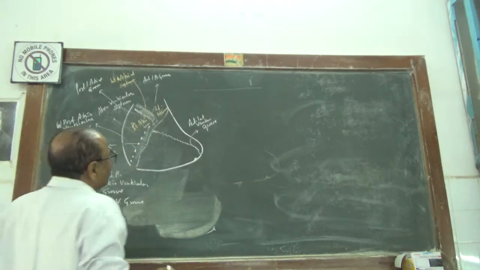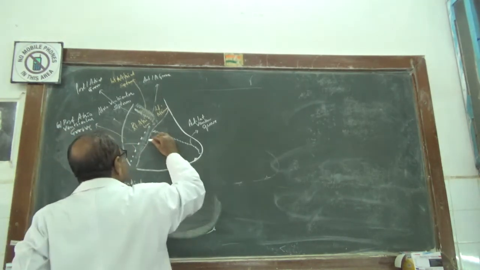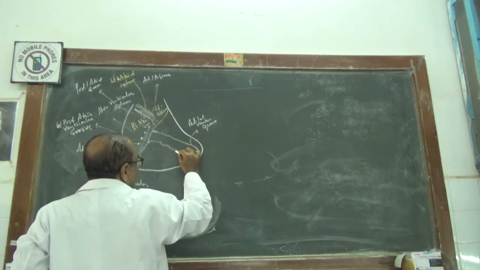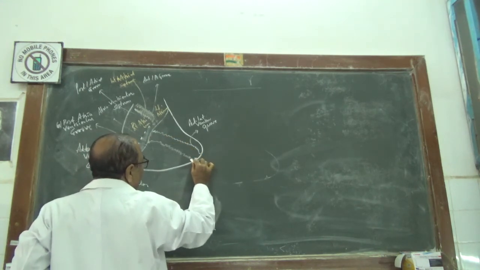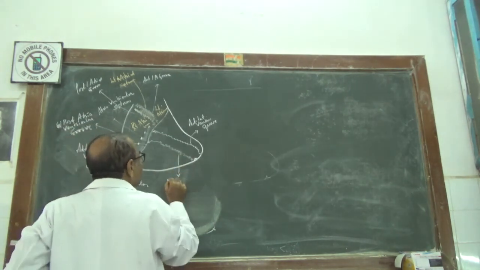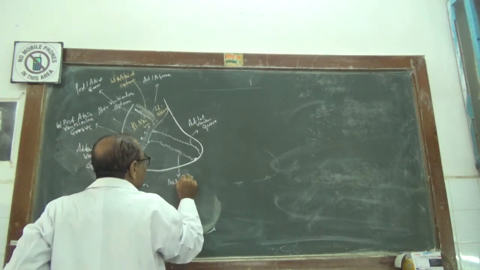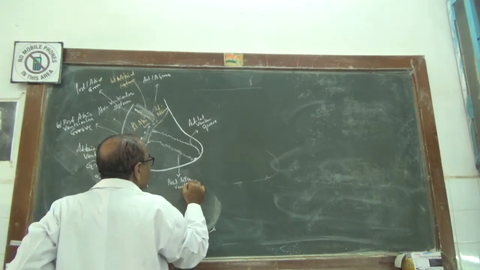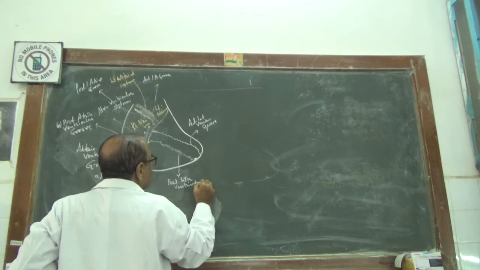Then on the diaphragmatic surface, one more groove appears. Now that groove is said to be the posterior interventricular groove.